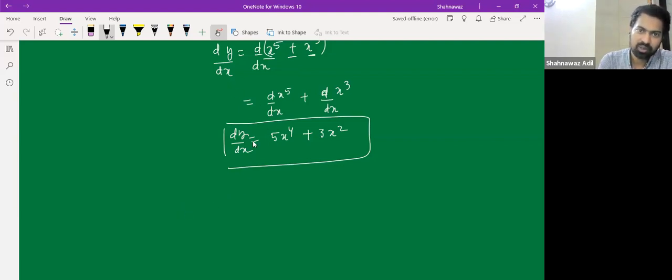So this is about this addition property, and let me ask you this question. You have y equals 4x cubed plus 2x squared.